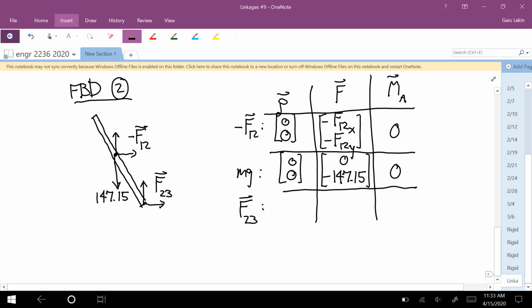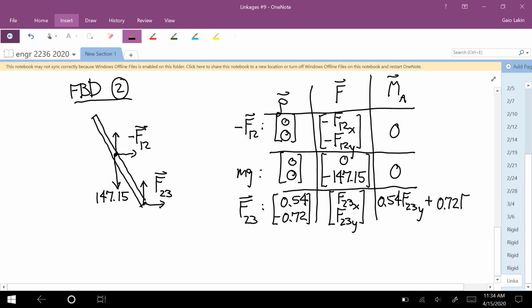Okay, so the row vector is 0.54, negative 0.72, the force vector is F23x, F23y, and the cross product is 0.54 F23y plus 0.72 F23x.